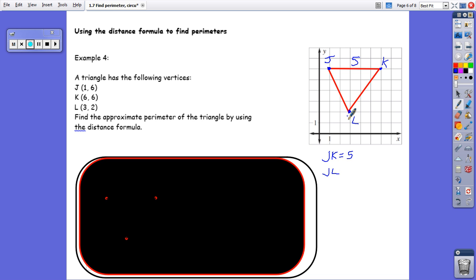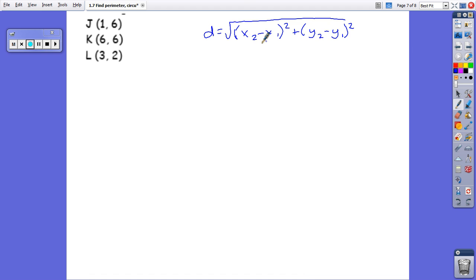Okay, now let's go ahead and find JL. So that's between these 2 points. Okay, I'm going to go on to the next page to work it out. Here's the distance formula. So I'm going to write, I'm finding the distance between the points JL. I'm going to use my formula here. And like I've told you, I always set up the formula with everything that doesn't change, meaning the minus, the squared, the plus.